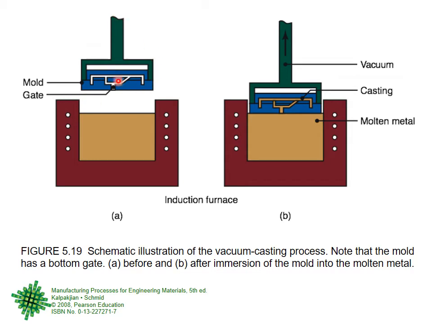It comes with a piston system, so that you can put it there and then remove it. The mold is there, the gate is there, and this whole system is there. And you have, say, an induction furnace. If you see these induction coils, the induction furnace, and the molten metal is there.